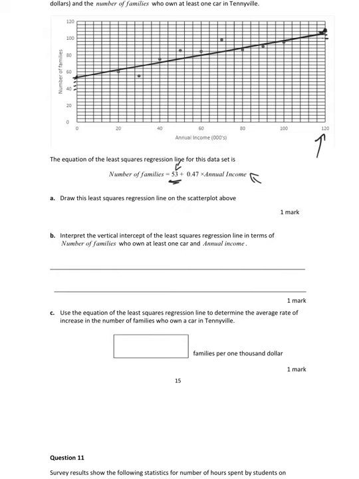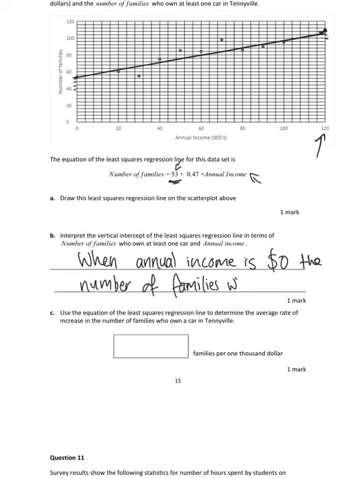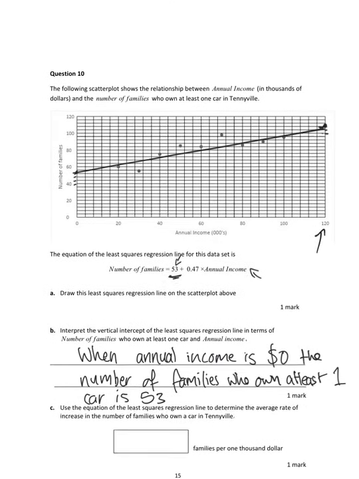What it means is when the annual income is 0, the number of families who own at least one car is 53.